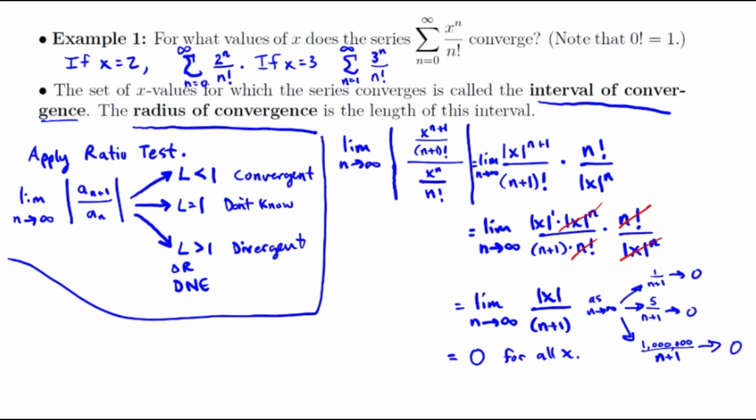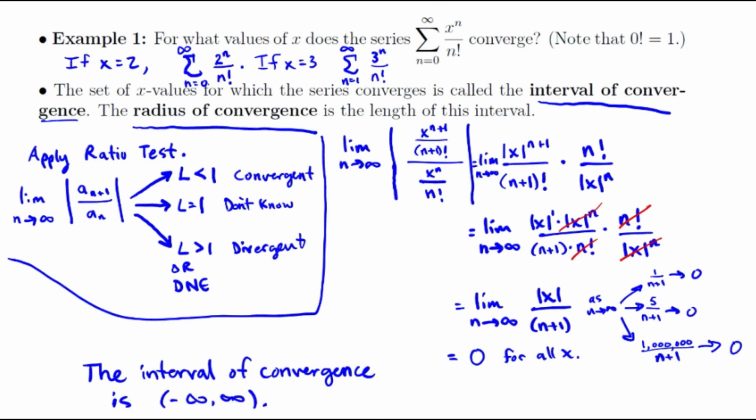So what we can say here is that the interval of convergence is negative infinity to infinity, right? You can plug in any real number. It doesn't matter what you plug in here. This is always going to be a convergent series.